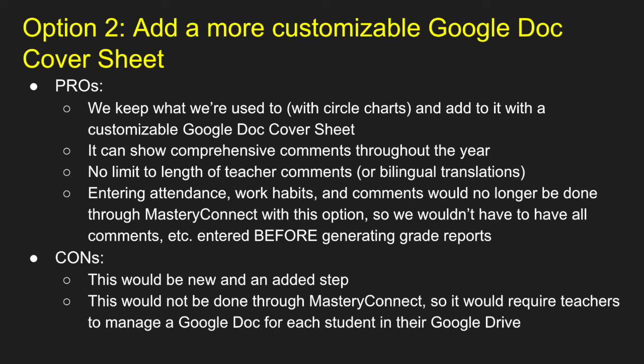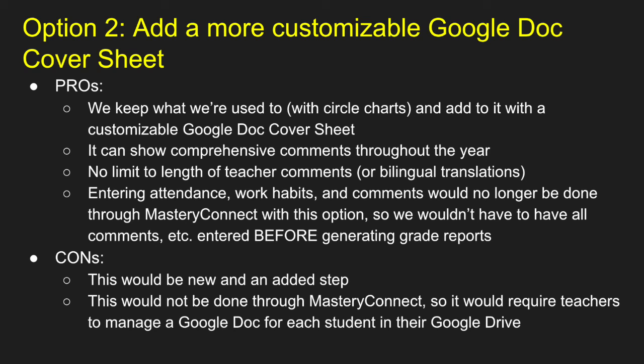There is no limit to the length of teacher comments, or if we have to add a bilingual translation, there is no limit there either. And also, entering attendance, work habits, and comments would no longer be done through Mastery Connect, so that we wouldn't have to have all of those comments and attendance and work habits entered before generating grade reports, which would make your deadlines a little more flexible.